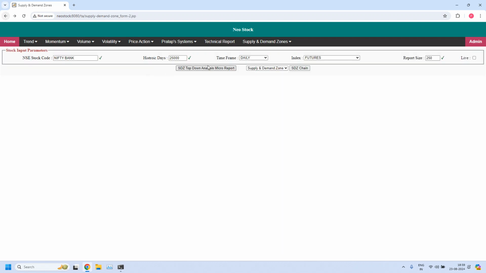And the next time frame is 125 minutes. I am generating 125 minute supply demand zone chain for BANKNIFTY.